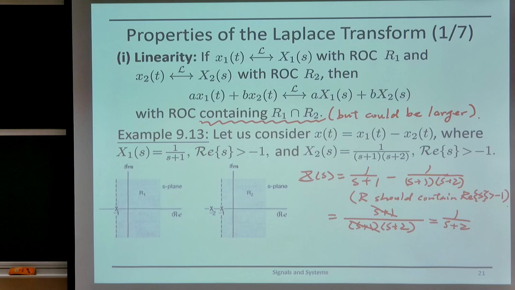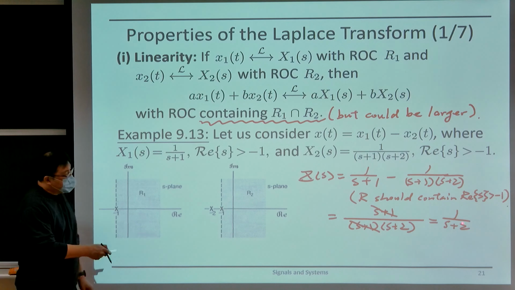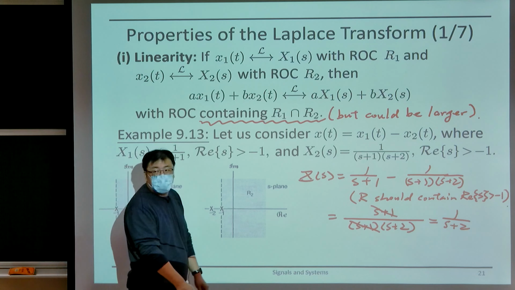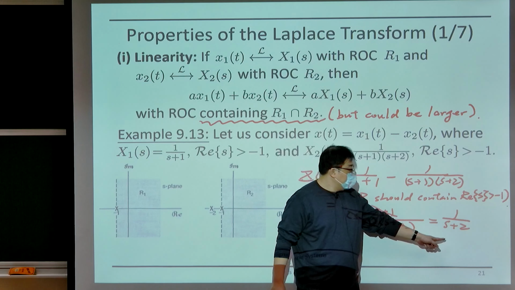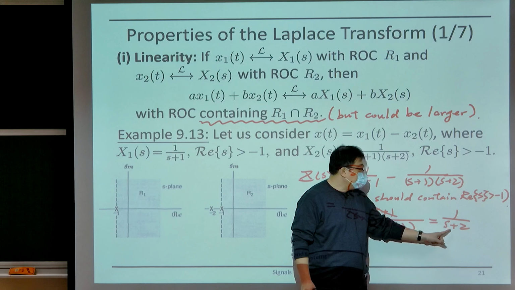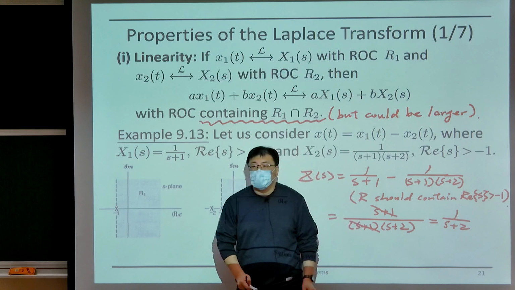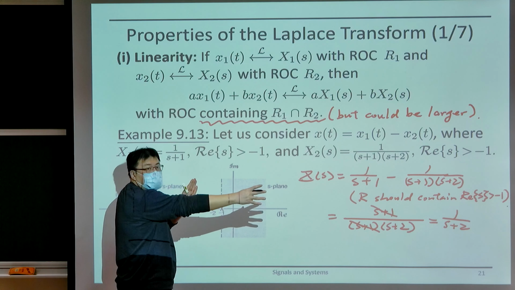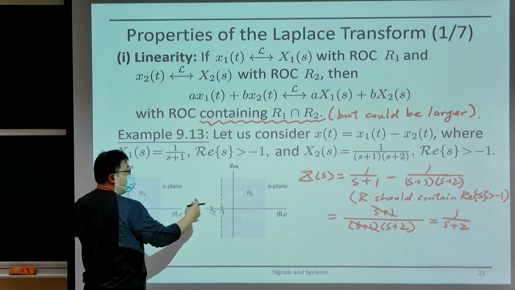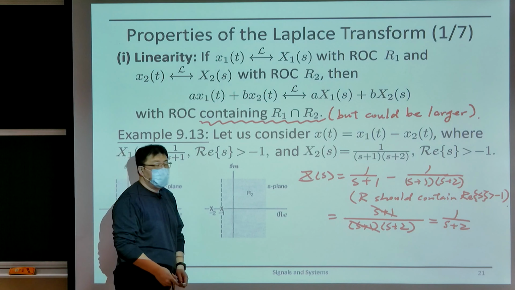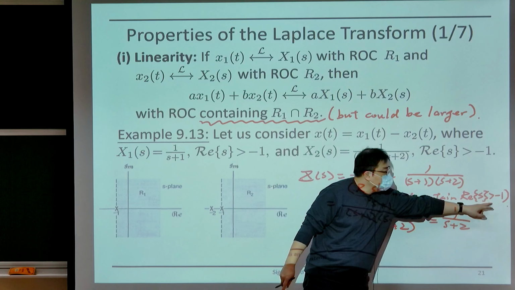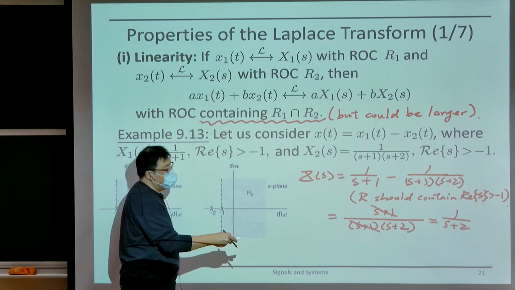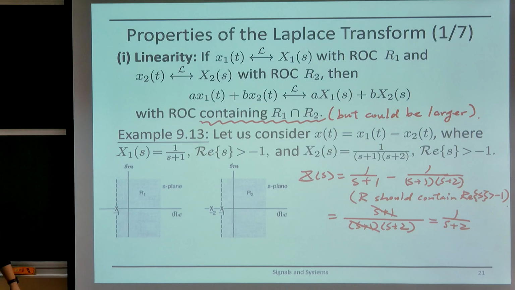If you look at this, this is a rational transform with a pole at a single point -2. So the region of convergence can be either the right half plane to the right of -2 or the left half plane to the left of -2. But since we need to contain this intersection here, therefore, it can only be to the right of -2.